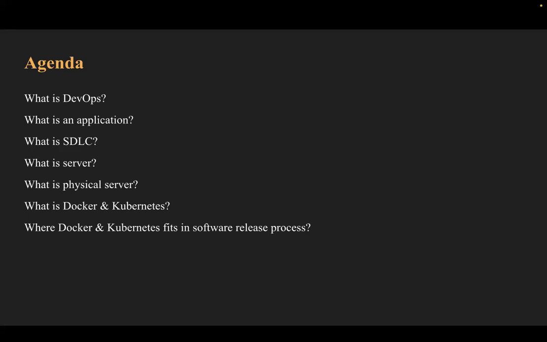Whenever a new version has been created by the developers, you need to regularly deploy that application onto the servers, onto the infrastructure. That is the operations that we perform. If any issues occur on the infrastructure, you need to solve them. Such activities are part of the operations in DevOps.